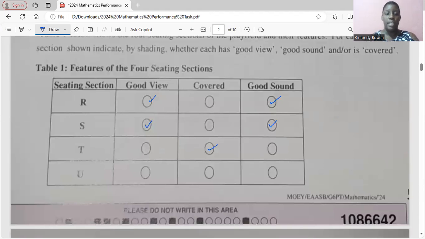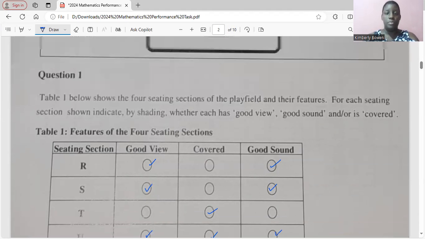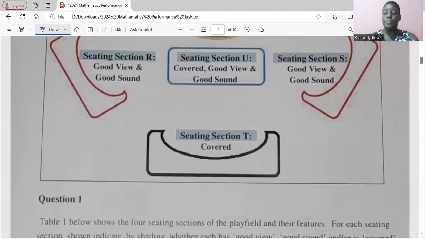I think I might have read one of those earlier, and I didn't read the other. I'm not sure if it's U or T, but pretty much I've read all of them now. So U is all of the above: good view, covered, and good sound. Double check.